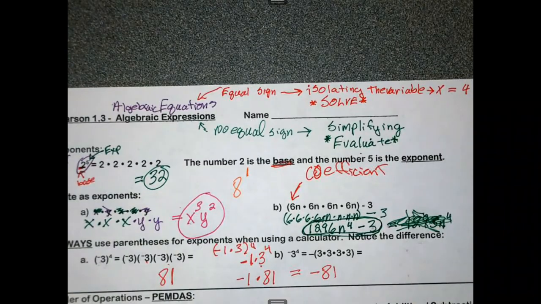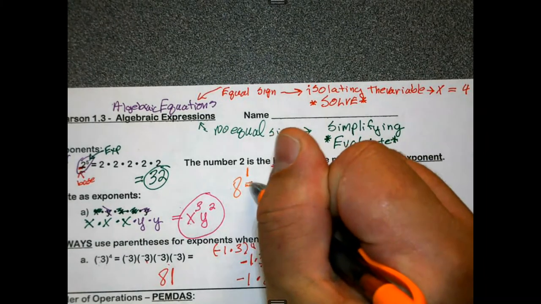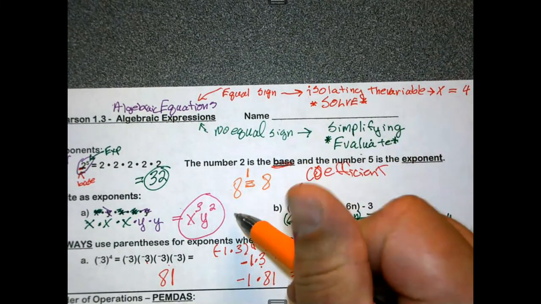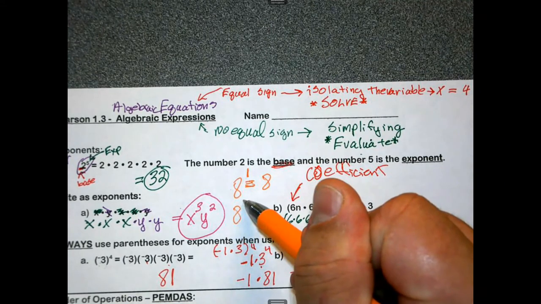So technically, every number is a power because there's a 1 there if it's not written. But we don't go around in real life saying, I would like 8 to the first power shirts, right? You don't do that. So in real life, we just call it a number. But technically, all numbers are powers, right? What is 8 to the first? 8, right? What's 8 to 0?